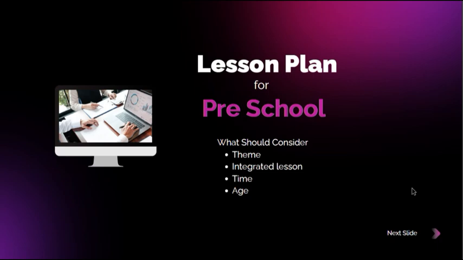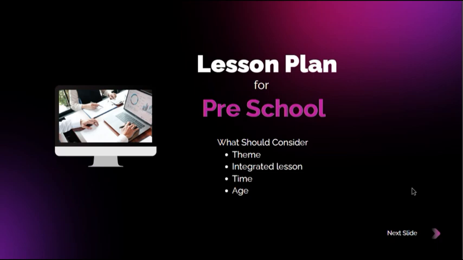For preschool and primary school there are some differences in the integrated approach. For preschool, you have to include language and pre-mathematical concepts in your lesson plan. Some areas you have to combine to create your lesson plan. Also consider the time duration and the age.